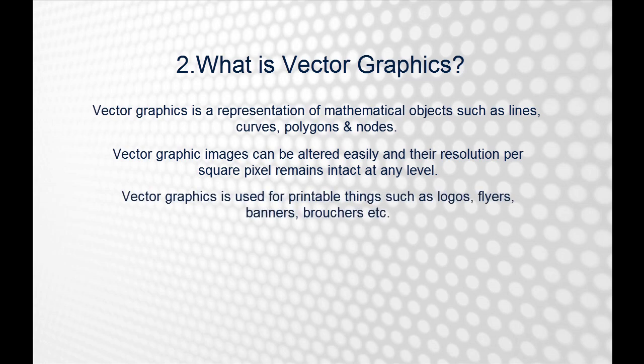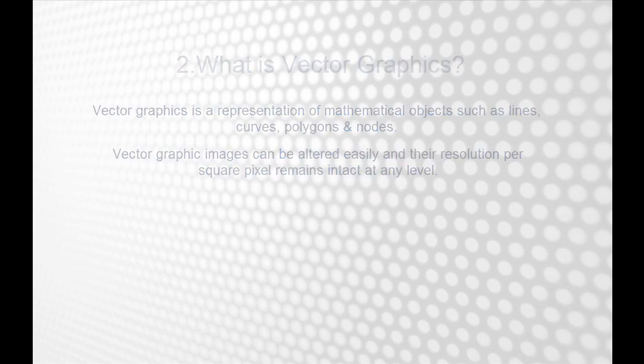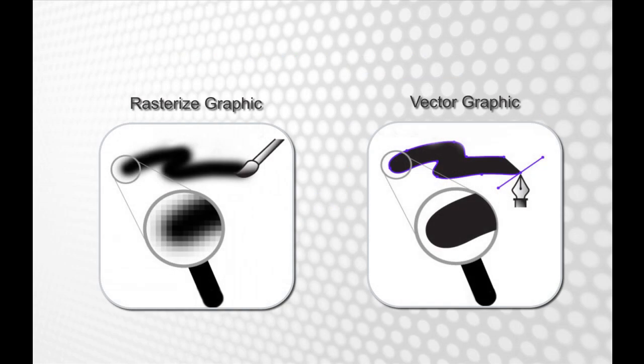Vector graphics is used for printable things such as logos, flyers, banners, brochures, etc. This is the difference between rasterized graphics and vector graphics.